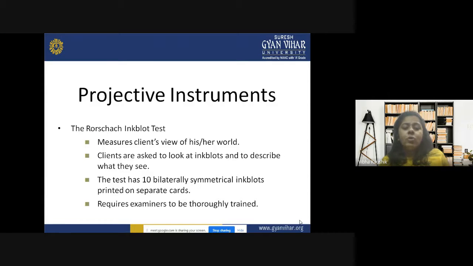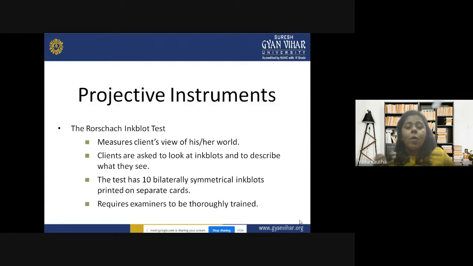Clients are asked to look at ink blots and to describe what they see. The subject is shown ink blots, and after seeing them, has to describe what they are seeing in that particular ink blot. One by one, ink blots are presented before him.